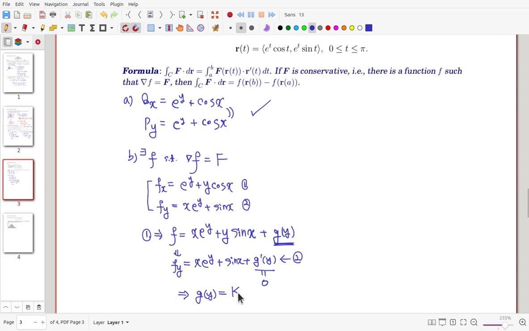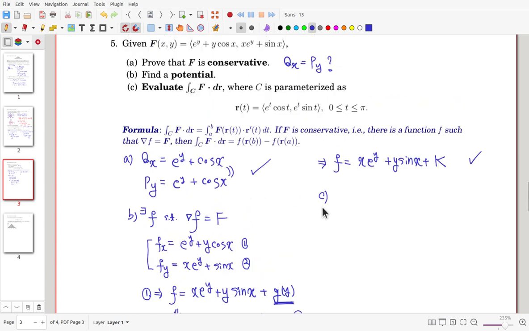So we say general constant k. So we conclude here that f is x e to the y plus y sine x plus a constant k. Okay, that's it. Now how about part C?